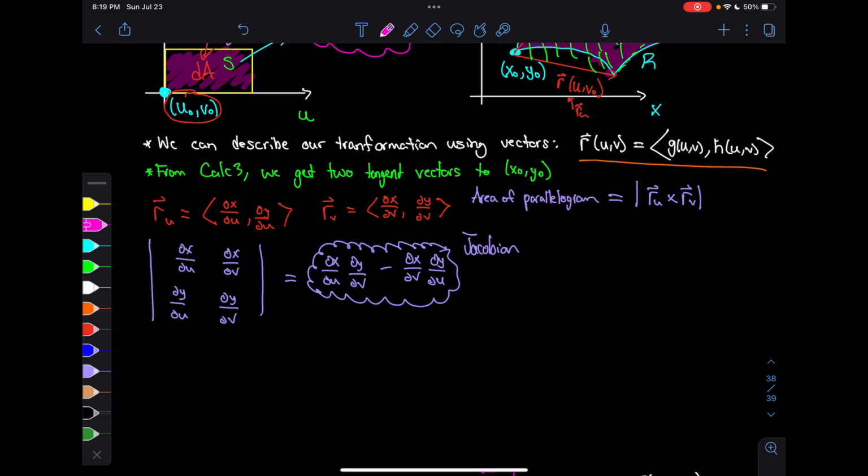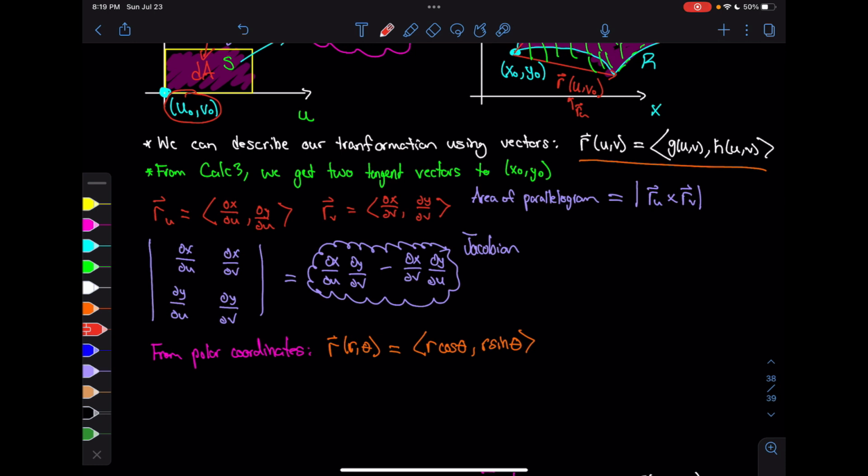So from polar coordinates, our transformation, just in vector notation, is via r and theta, and it's going to be the function r cosine theta, r sine theta. That was our transformation, okay?